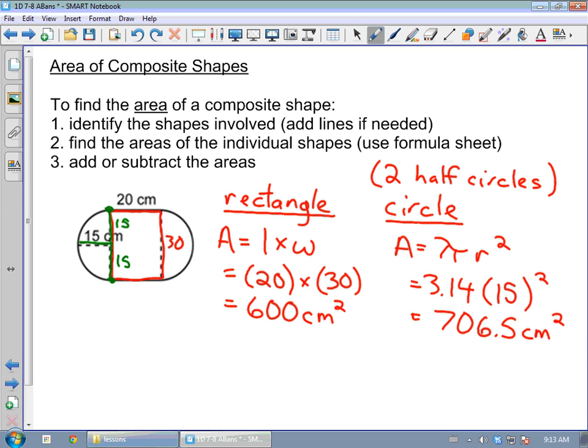So now we've got the areas of our two individual shapes, our rectangle and our circle. Now we want to either add or subtract them together.